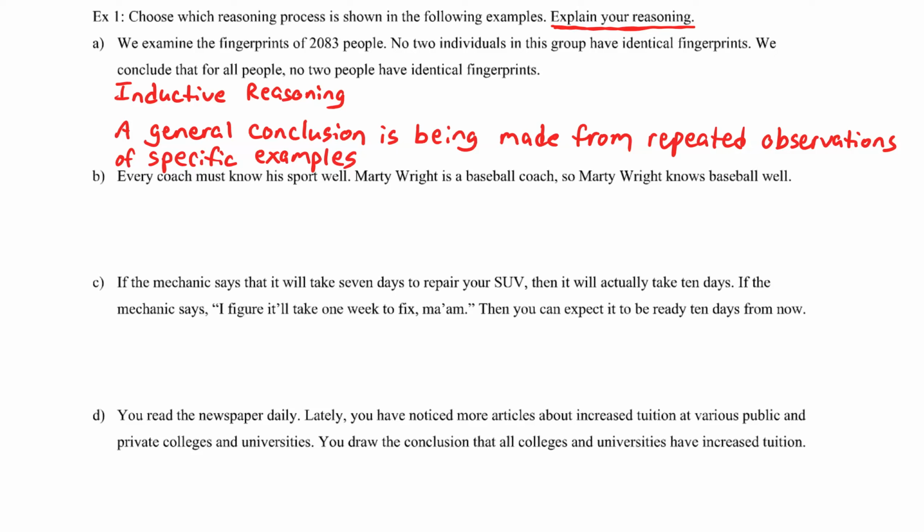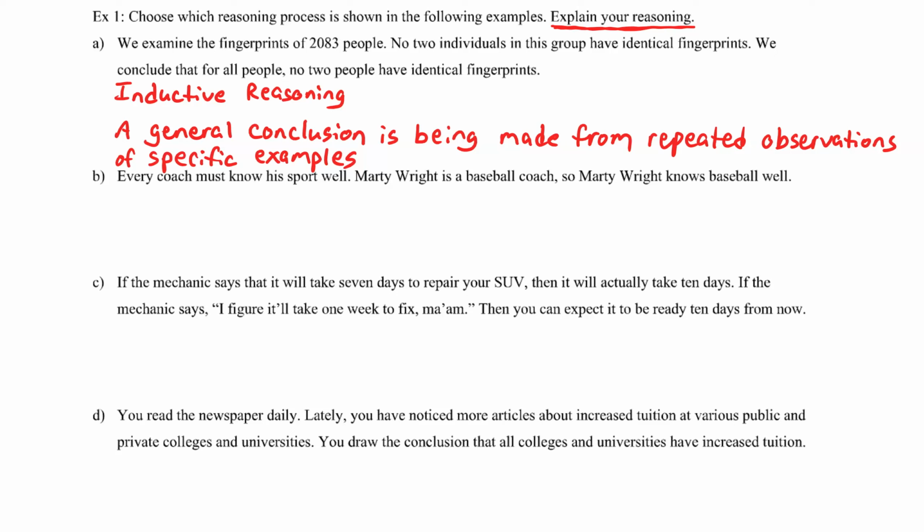The second scenario says every coach must know his sport well. Marty Wright is a baseball coach, so Marty Wright knows baseball well. Now in this scenario, we don't have any type of pattern or specific instances that we're focusing on. We start by just saying, well, every coach knows his sport well.